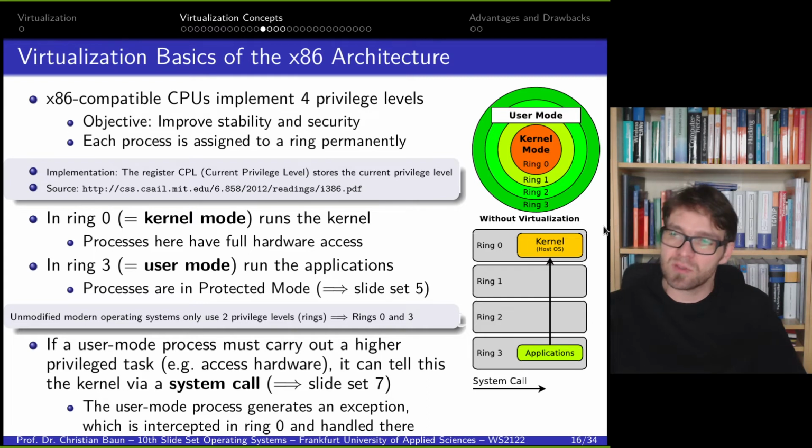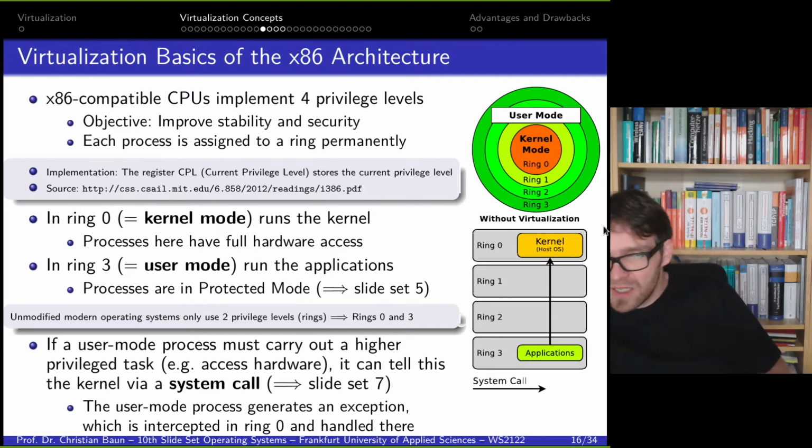The system calls are caught by the operating system kernel, and the kernel needs to handle these system calls and try to carry out the requests. So that's what we discussed in slide set 7.